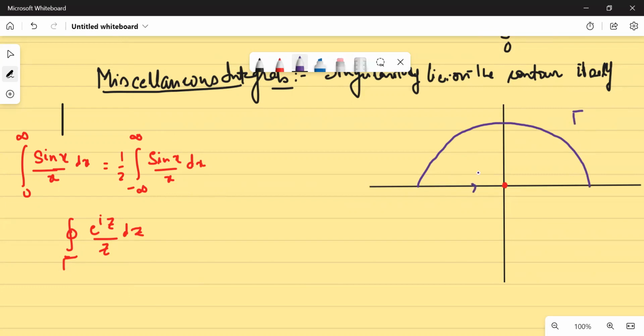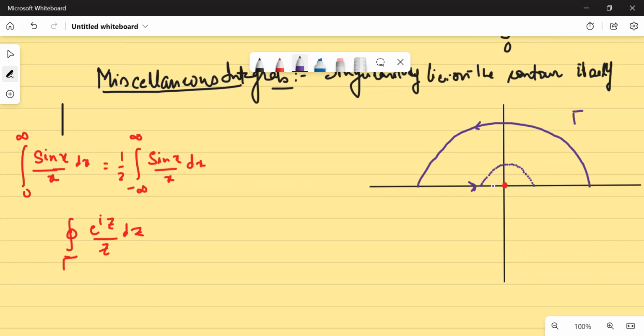Now the problem is, when you are going about the semicircular contour, you are getting a singularity here. Okay, so what to do? You need to indent the curve. You need to transform this curve. Let's say I will try to circumvent this singularity problem using a semicircular indentation.